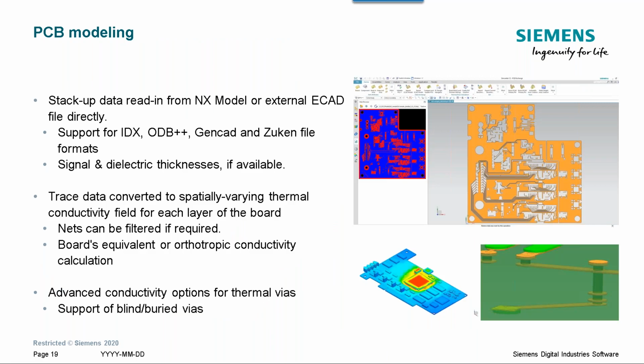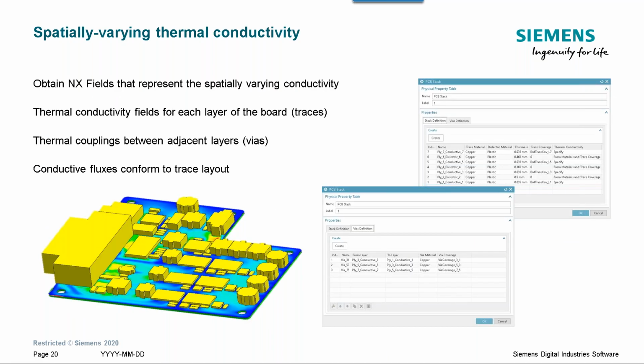Yeah, you can stay on the next slide, Carl. So the traces or the in-plane conductivities are created as fields for every layer. And for every via, we create thermal couplings between the different layers where those vias actually are.